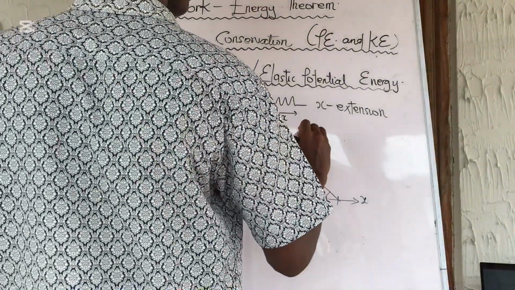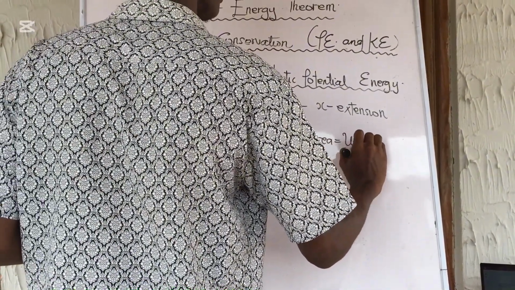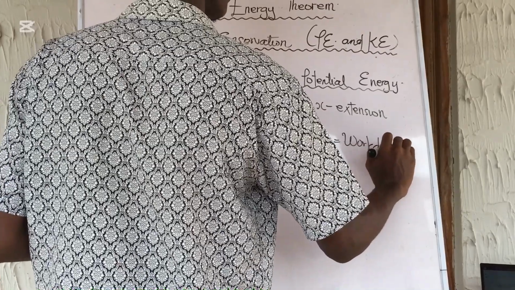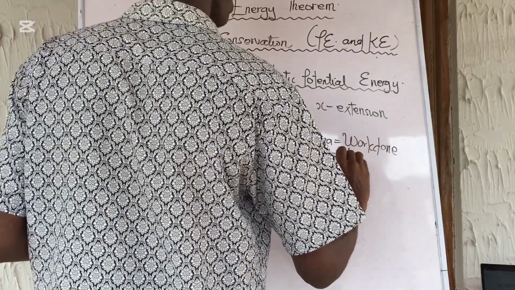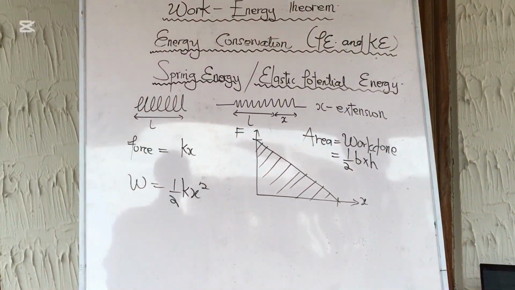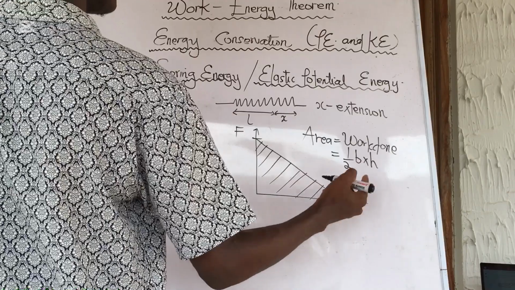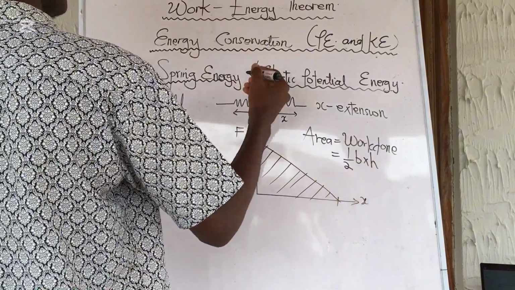And you know that area is equal to our work done, and our work done is also equal to half times breadth times height, right? That is the formula for finding the area of a triangle. Then we know that our breadth is the same thing as the extension, our height is the same thing as the force.